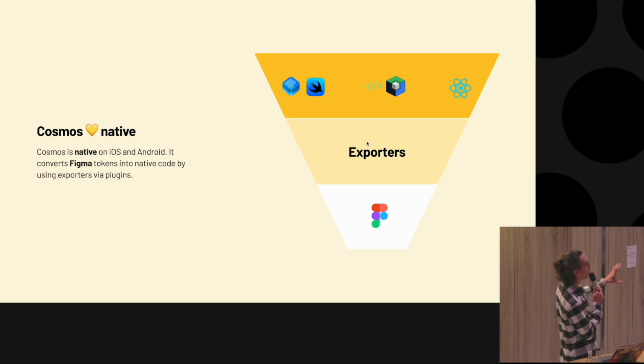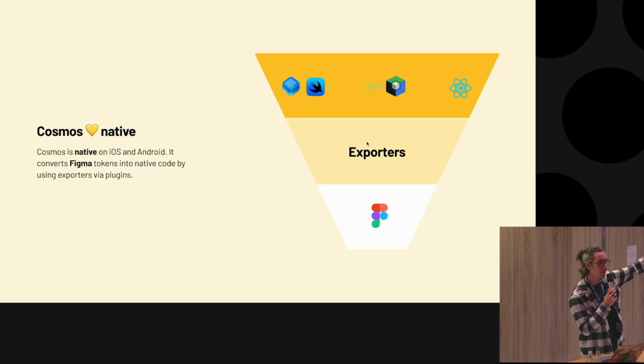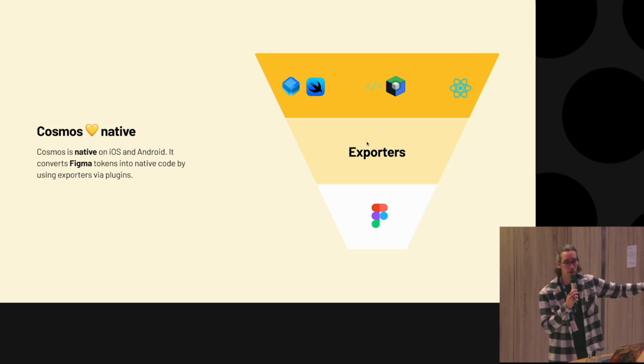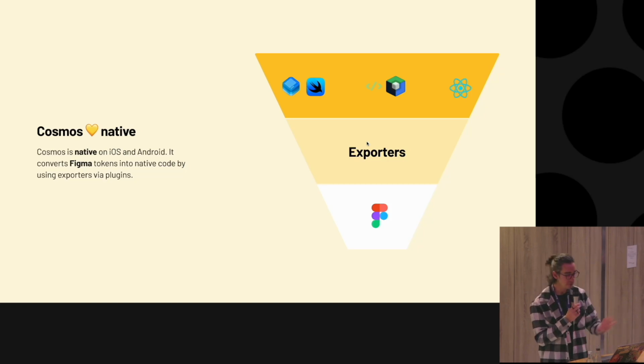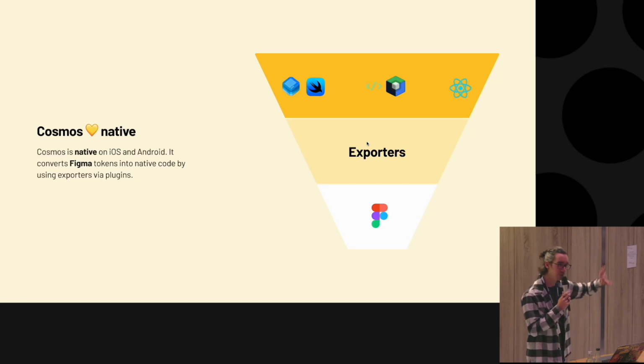At the base, we have Figma. We have a lot of exporters that work for us and export native code. So when a designer triggers an update, technically we are able to export all the code that we want for our platforms. That's our design system. Beautiful, native, that's what I expect.